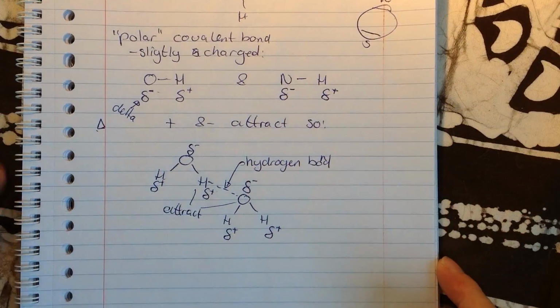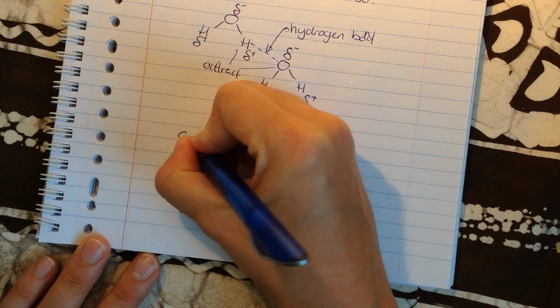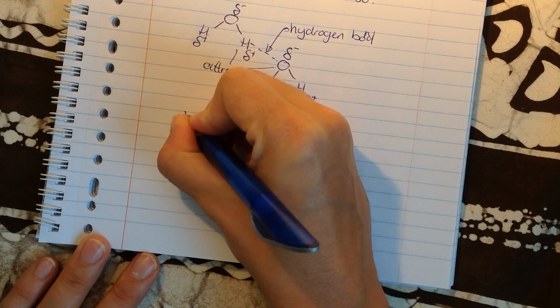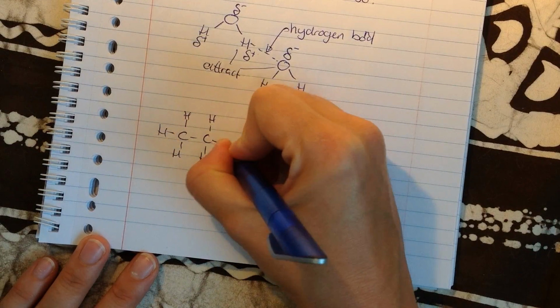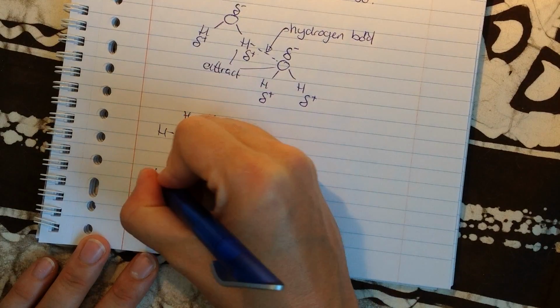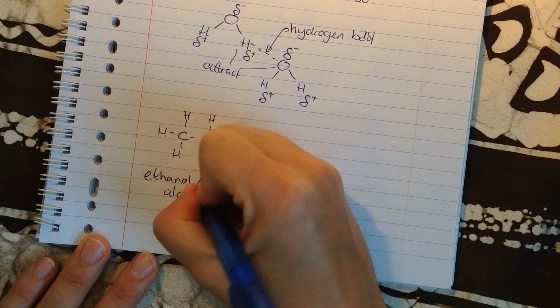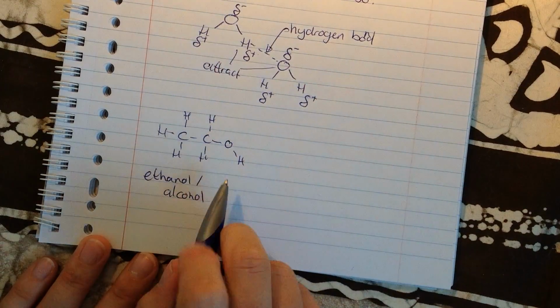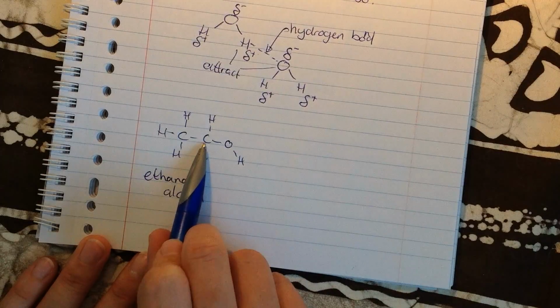Bond with an N. Okay, so another example, like this one. I'm going to draw ethanol, which is also alcohol. Ethanol or alcohol. Here I have this OH bonding. This is not polar. This is HC.